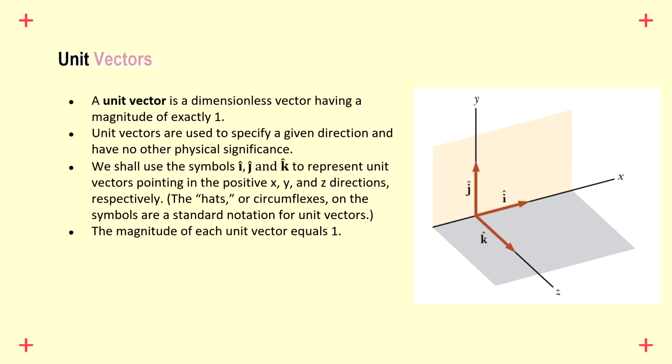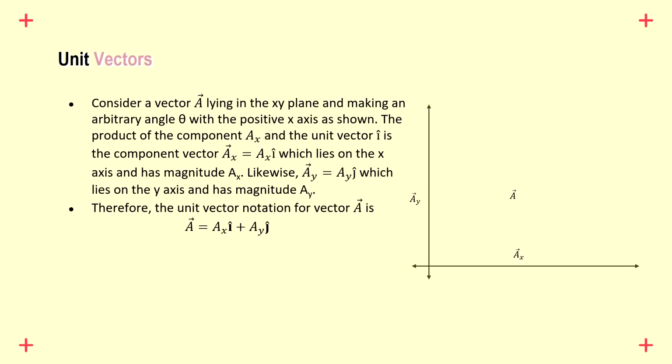Consider a vector A lying on the xy plane and making an arbitrary angle theta with the positive x-axis as shown. So that's our vector. The product of the component ax and the unit vector i is the component vector ax, shown in the figure.